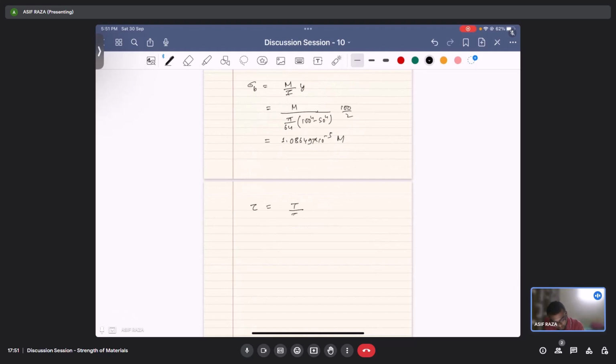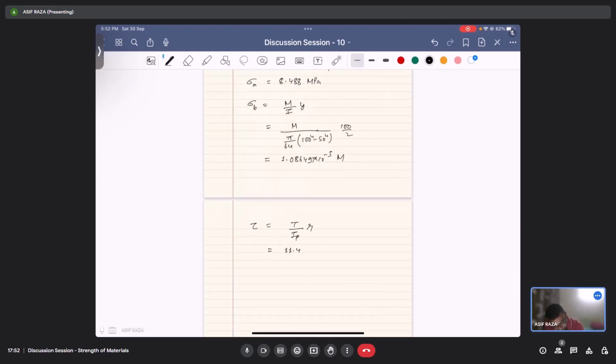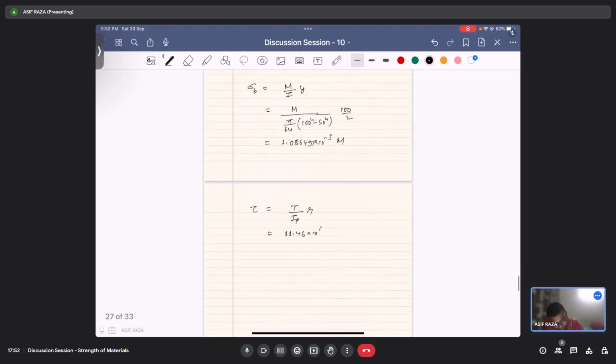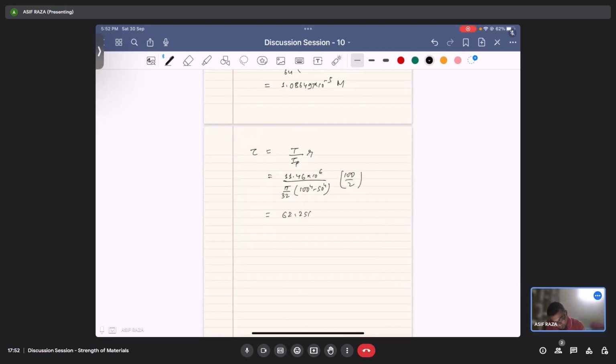It would be equal to T upon I P into R, and that is 11.46 into 10 to the power 6 upon pi by 32 into (100 to the power 4 minus 50 to the power 4), into 100 by 2. This comes around 62.256 megapascal.